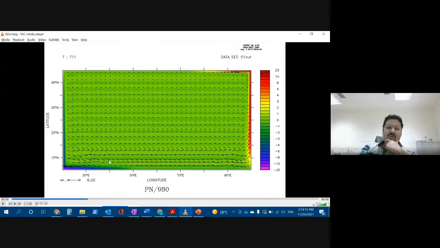Close to the equator, f is small, and as you go towards the pole, f will be large. When f is small, 2 pi by f will be large. That means my period closer to the equator will be large compared to the pole, so the rotational velocity will be slower. The vector rotation will be much slower compared to the northern side.